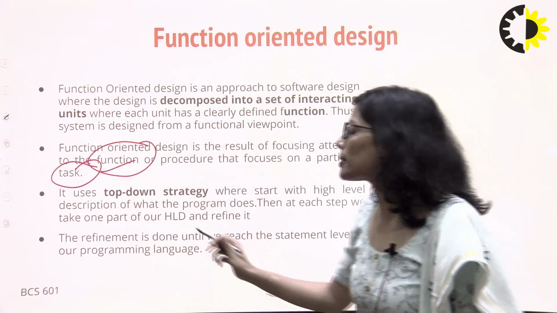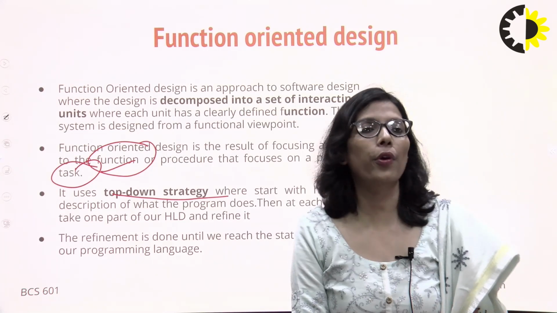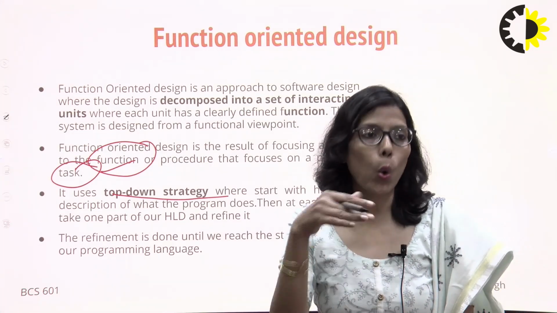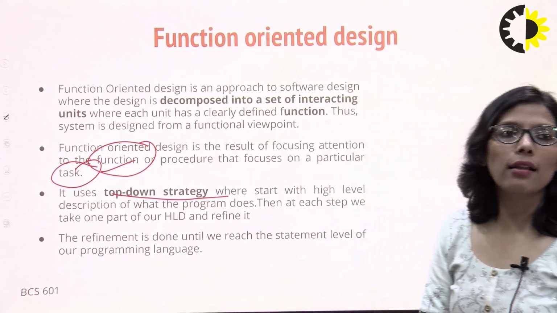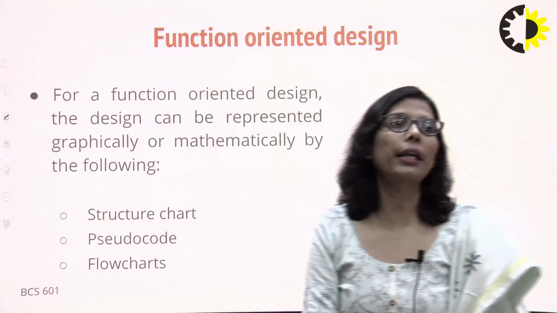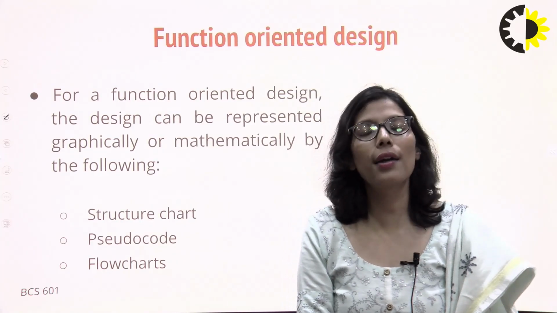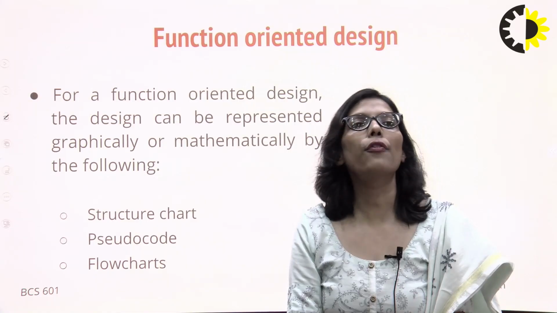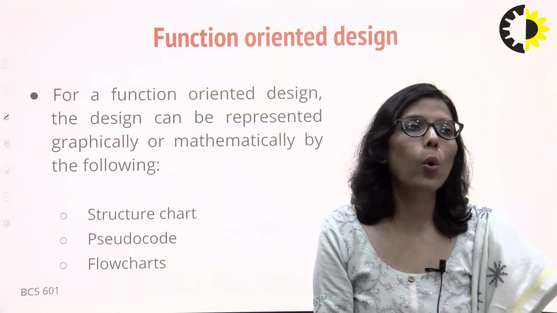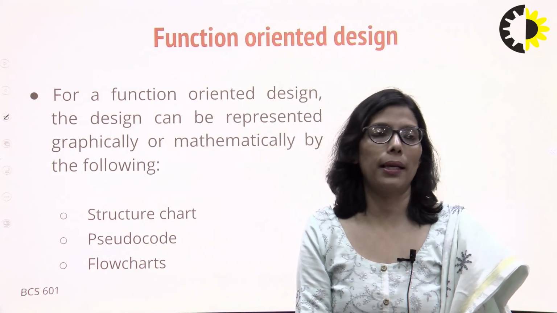So, it uses the top-down approach where we start with a high-level description of what the program does, and then we go down. So, refinement is done until we reach the statement level of a programming language. So, that is your function-oriented design. In this, we use structure charts, pseudocodes, flow charts, DFDs. All these are formed as a part of your function-oriented design, which can be represented graphically as well as mathematically.